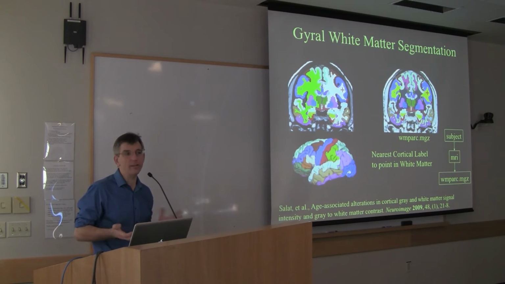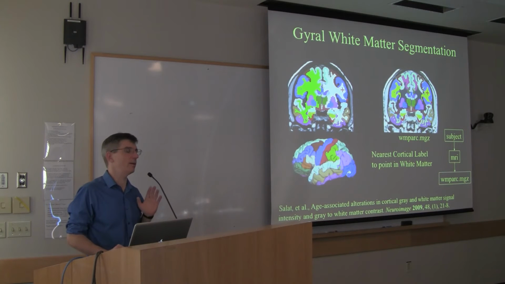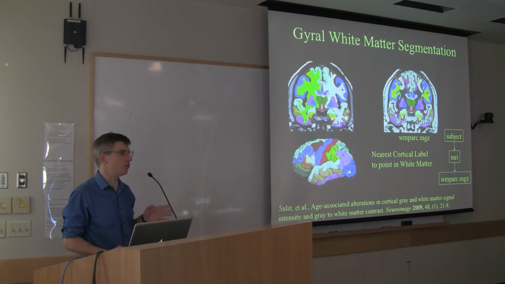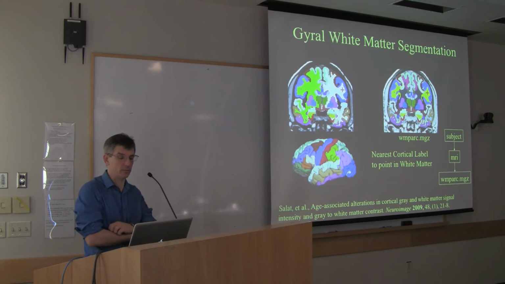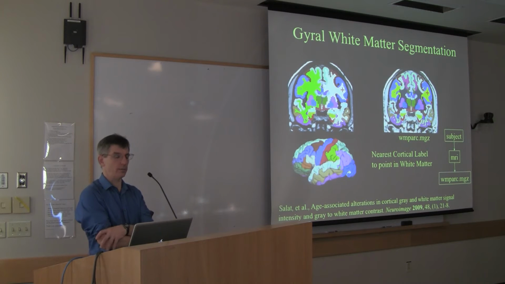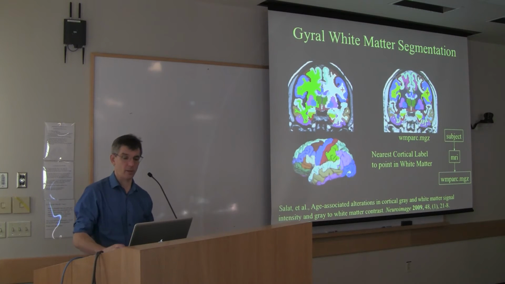So it's kind of creating more information, but maybe not really. It's not parcellating the anatomy of white matter based upon tracts or anything like that. It's just proximity to the cortical gray matter. And this has actually been used by David Salat to look at the changes in these volumes associated with age.